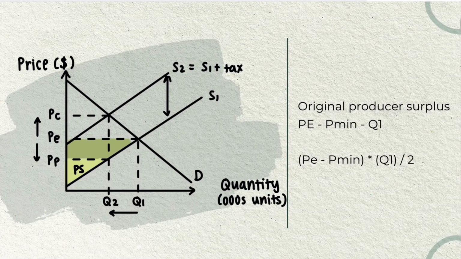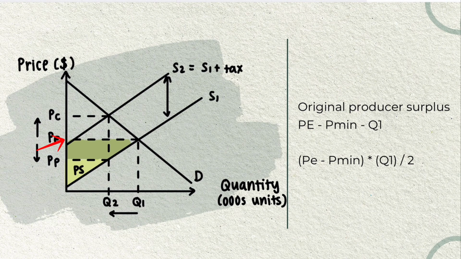And in the case for the producer surplus before the tax is shaded in yellow. So here is the price that producers are willing and able to supply their services or products to the market. I'm going to call this P min. But the equilibrium price is PE. We multiply this by Q1, which is the equilibrium quantity before the tax, divided by 2.